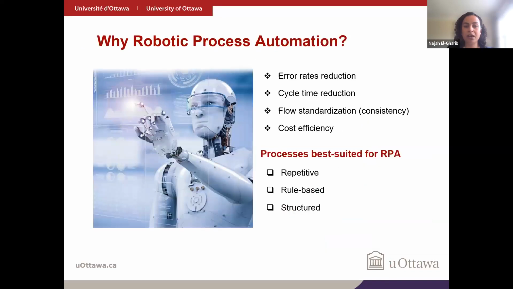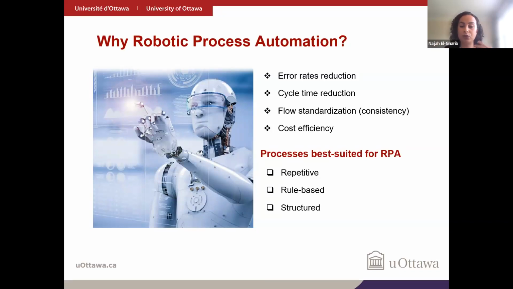So why do we actually do robotic process automation? I'm sure most of you have heard about the term, or are probably doing it at your organization. This technology has emerged recently to reduce errors, reduce cycle time, and have more consistency in processes, standardization, and cost efficiency, freeing your employees from work that is just copy pasting some information.